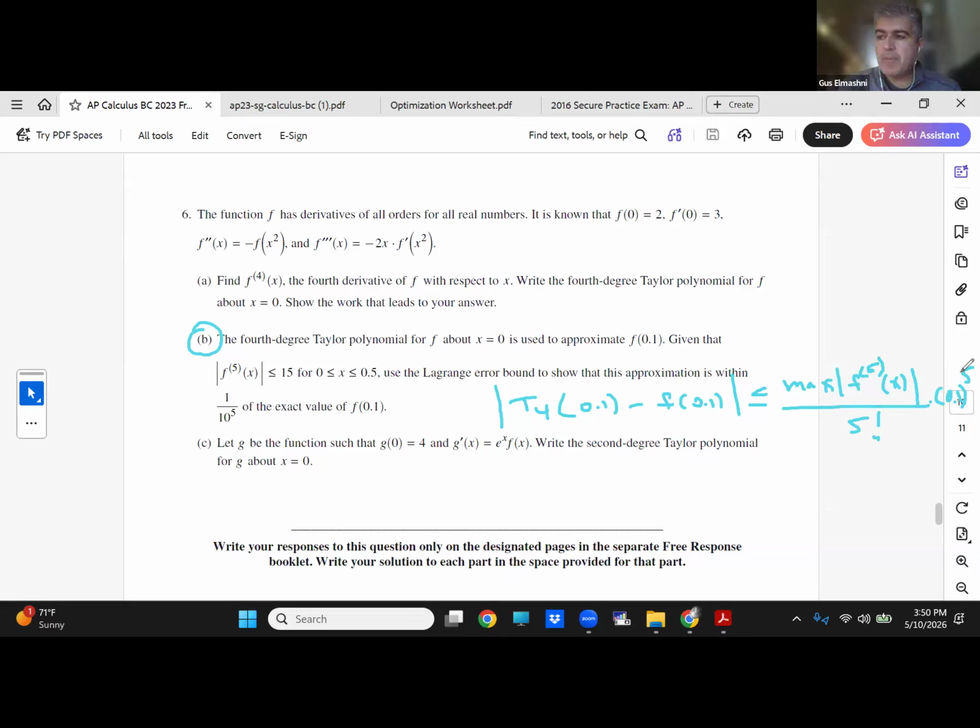And if you work that out, you will get 15 over 120 times 1 over 10 to the 5th. 1 over 10 to the 5th comes from 0.1 raised to the 5th power. 5 factorial, of course, is 120.